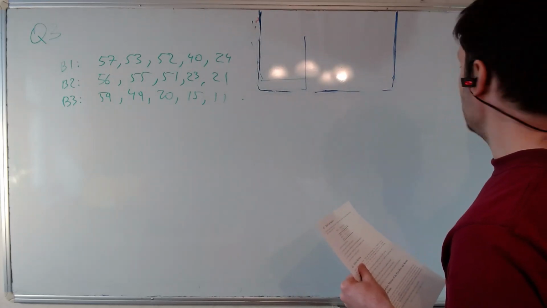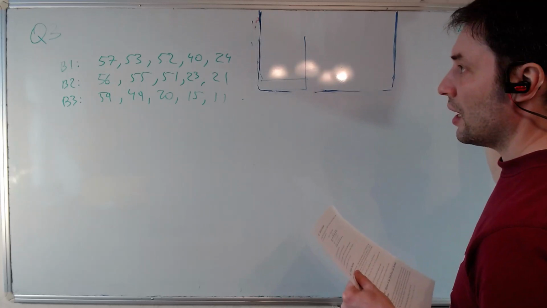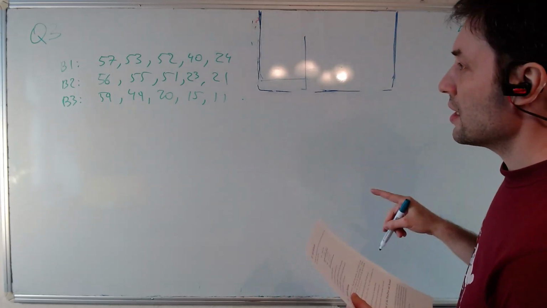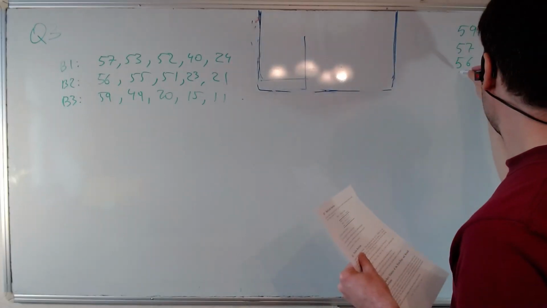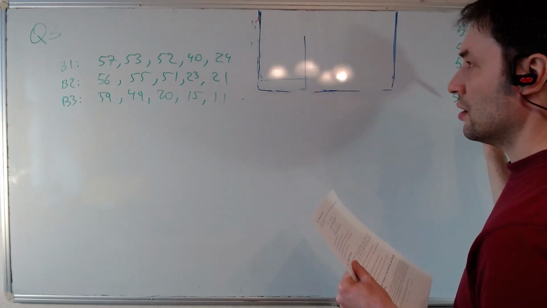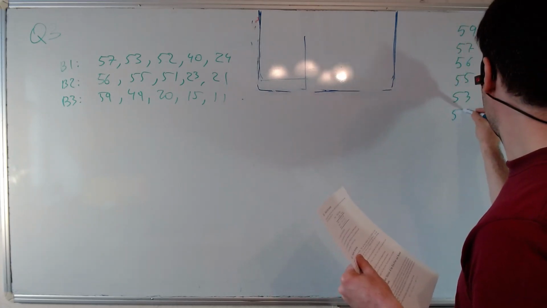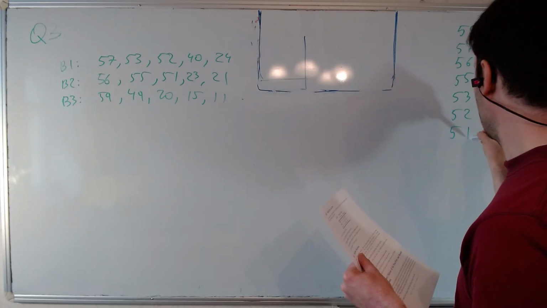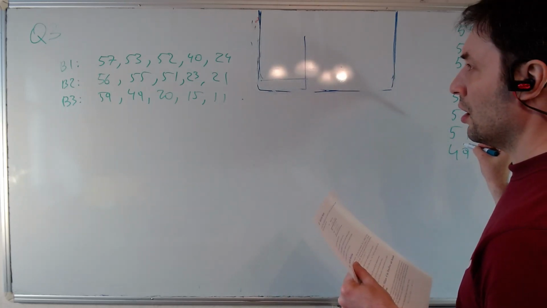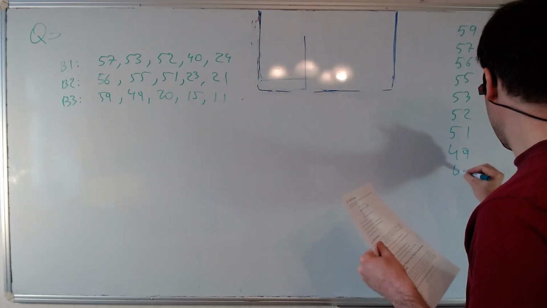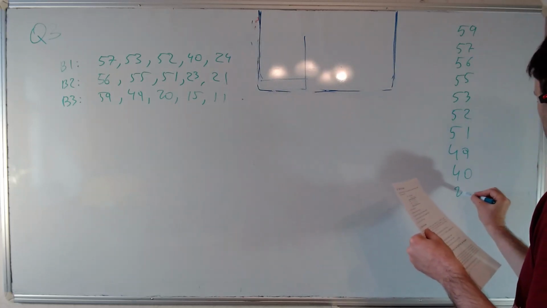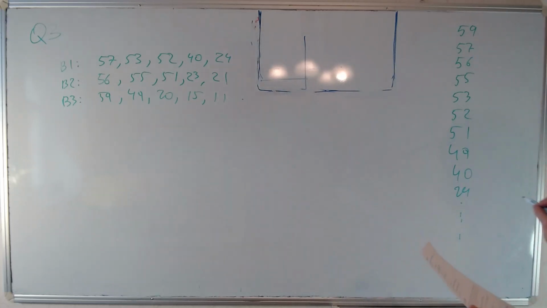So we clearly see 59 is the highest one, then 57, then 56, then 55, 53, 52, 51, 49, I guess 40, and hopefully we won't need 24 and so on. Hopefully we won't need as many.